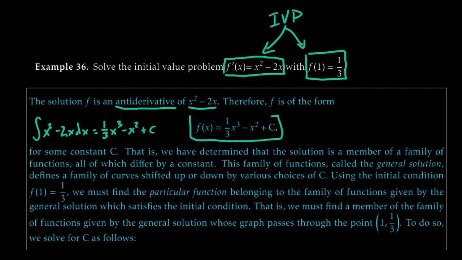So I want to be clear here. This is just telling us what the form of f is. This is maybe deceptive, to use this equal sign right here, because this is not the actual solution. This is what any candidate for the solution must be like. Why is this? It's because we haven't specified that constant c right there.